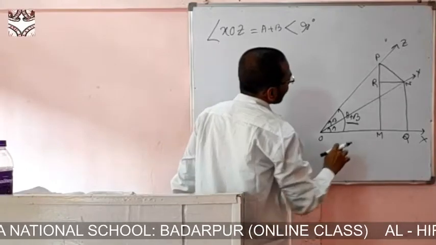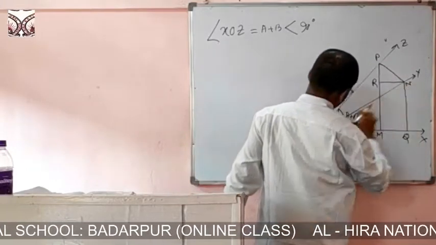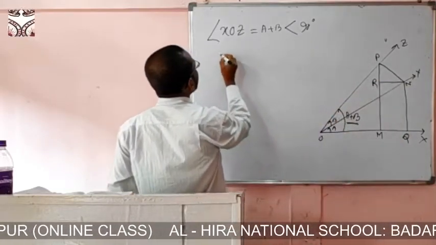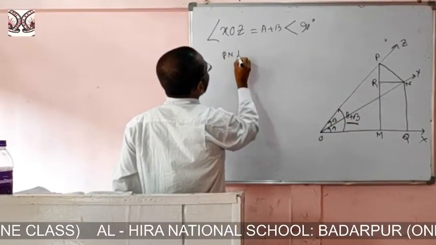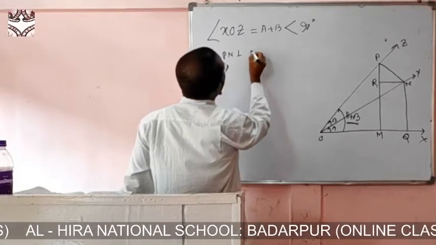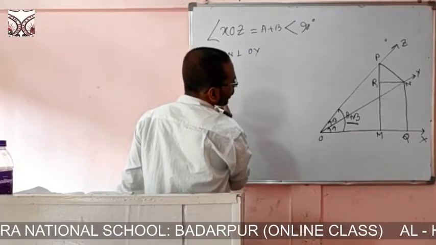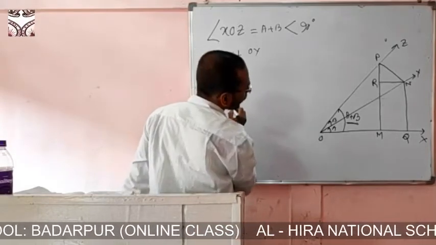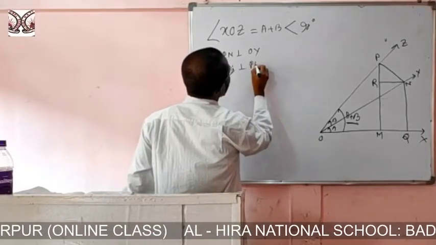Now you see we draw PN perpendicular to OY, and RN perpendicular to PM.